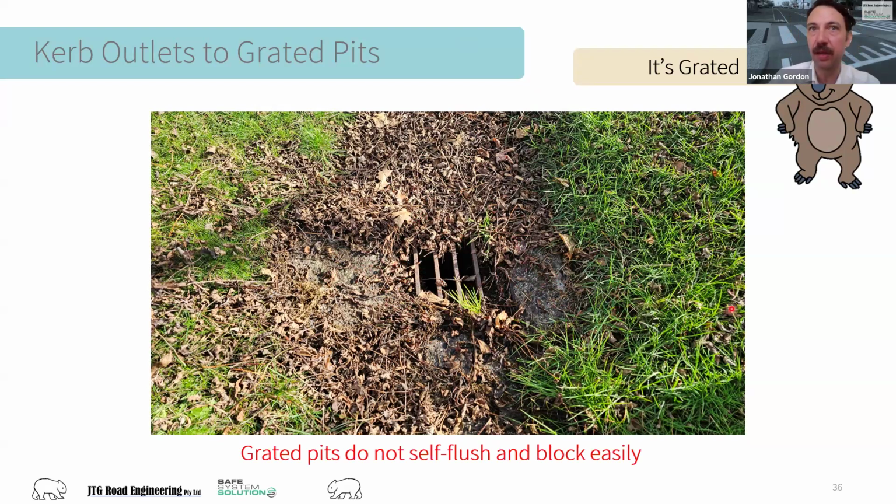You might find yourself out there many times a year, not yourself, but your crew or your project maintenance leads out there many times a year, clearing them of debris. And grated pits aren't the only solution that we can connect to, but when you've got a system such as a curb outlet that may be a maintenance burden, may block up itself, and it flows to another system that may block up, well, that's sort of doubling up, and it's got some concerns there.